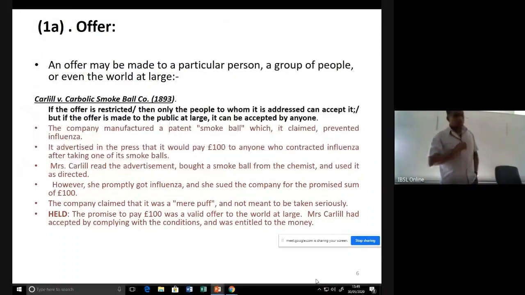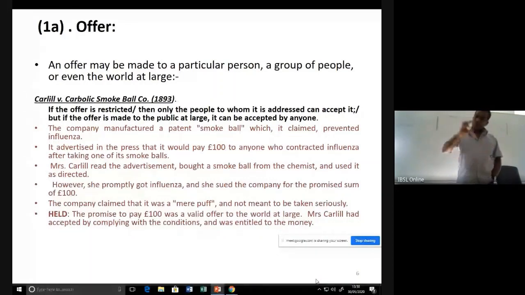But what happened? Those were their arguments. But what was the decision of the court? The court held that the promise to pay £100 was a valid offer to the world at large. Now see, there are three types of offers. You can make an offer to a particular person, to a particular group of people, or to the world at large.